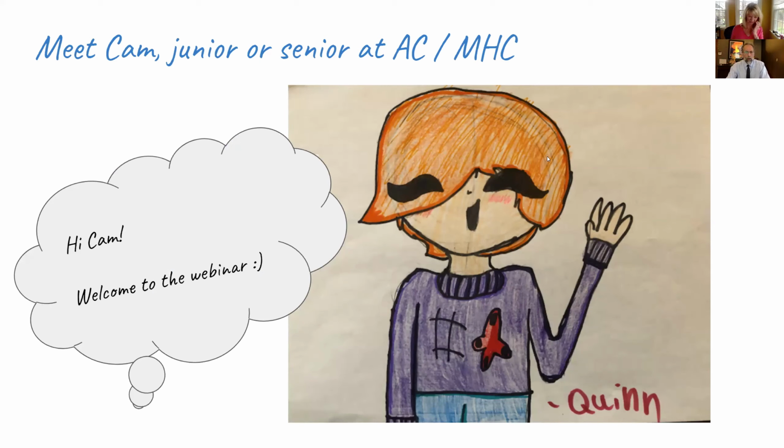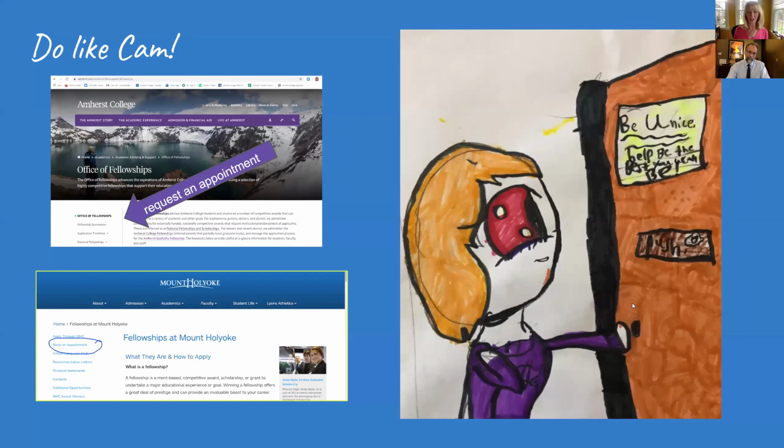So we wanted to just say, what does Cam do if Cam has questions? So if Cam has questions, or if you have questions or want to talk more specifically or individually about your prospects and your interest in the Fulbright, and we certainly hope you do, we do want you to make an appointment with us at our respective institutions.